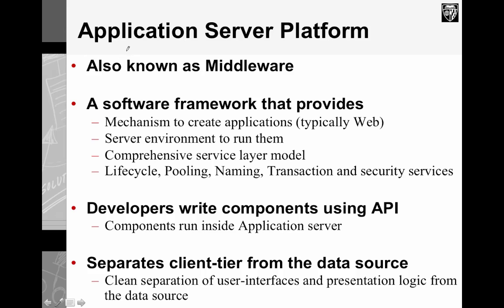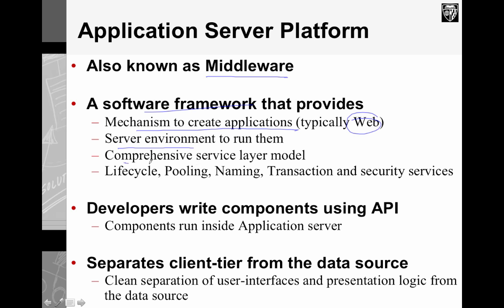So what is an application server platform? An application server platform is also known as middleware. It's a software framework that provides mechanism to create applications. Now, it may be to create web applications or non-web applications. It is also a server environment where your applications can be deployed and run.